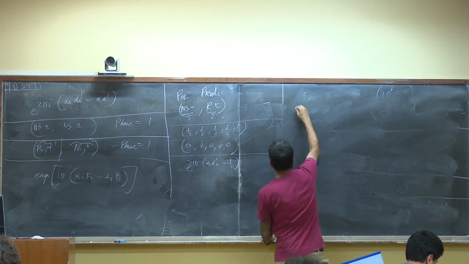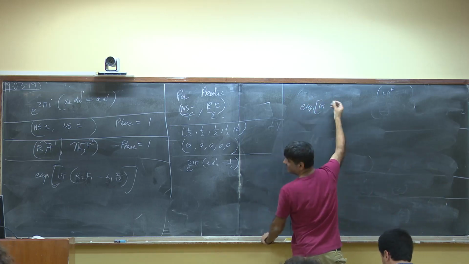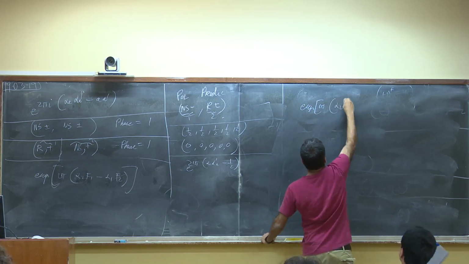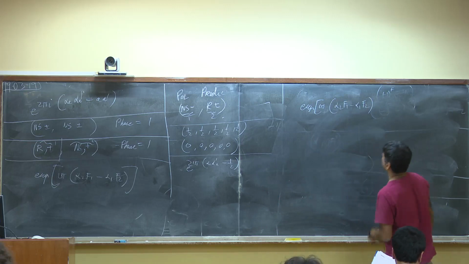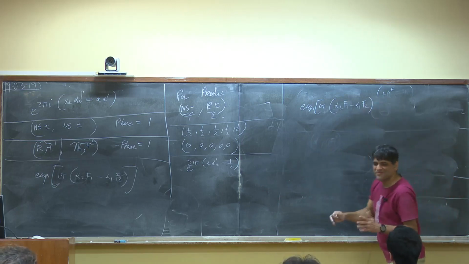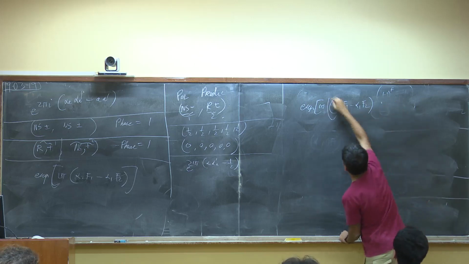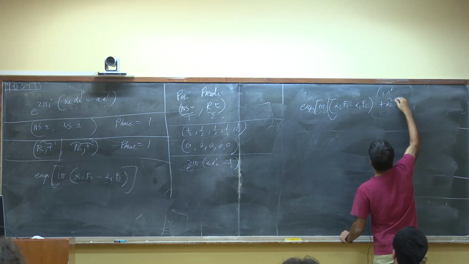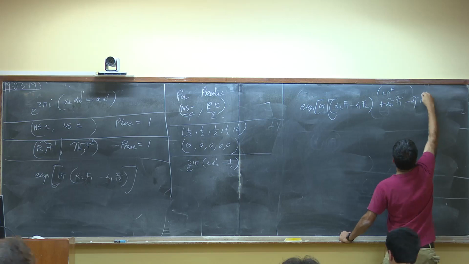And so clearly what we're going to get is that the net phase is going to be exponential of i pi alpha 2 f1 minus alpha 1 f2. And then if I wanted to be a purist, I would write in the other one. But it makes no difference because it's always plus or minus 1. So I'll just write plus alpha 2 tilde f1 tilde minus alpha 1 tilde f2 tilde.